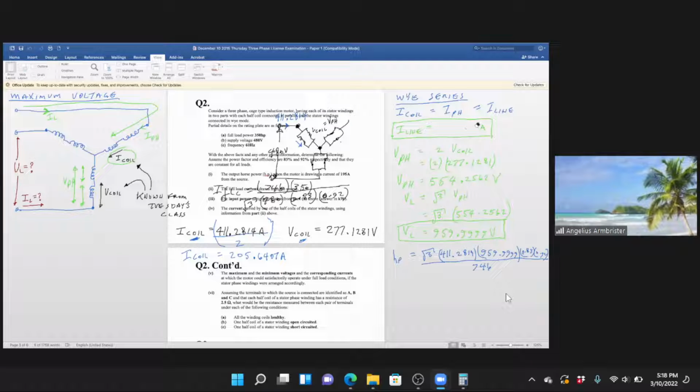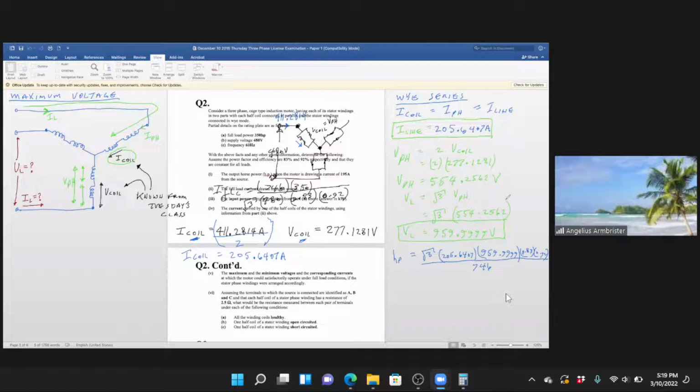This right here is 205.647 amps. Therefore, this current here should be 205.647.